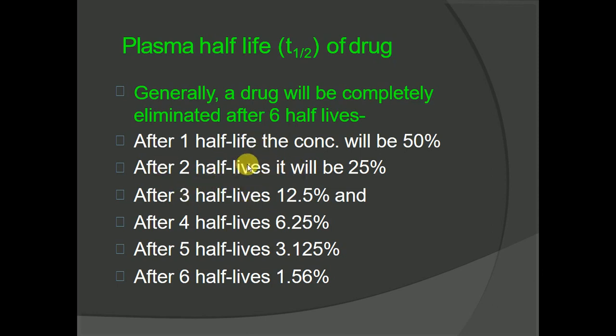After the second half-life it will be reduced to 25%, after the third half-life to 12.5%, after the fourth half-life to 6.25%, after the fifth half-life to 3.125%, and after 6 half-lives the concentration of the drug will be reduced to 1.56%.